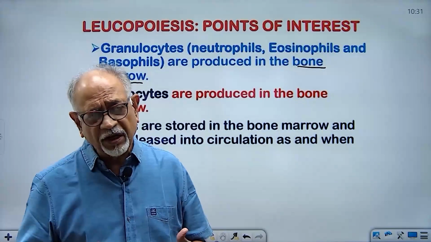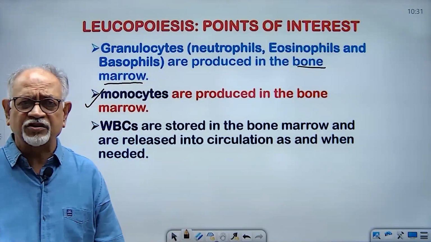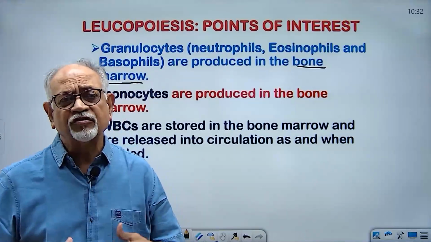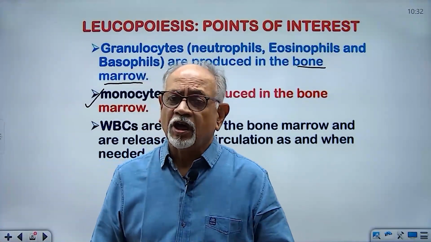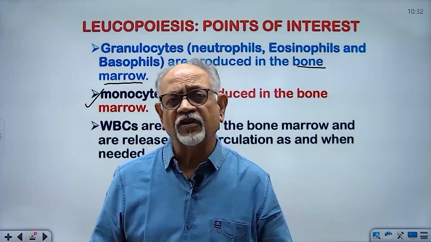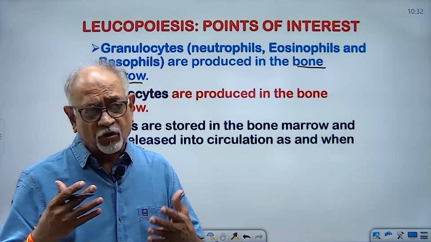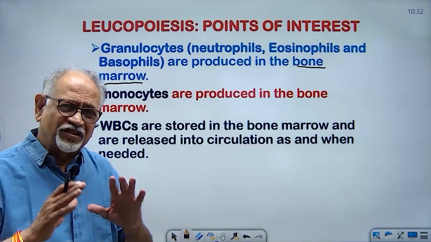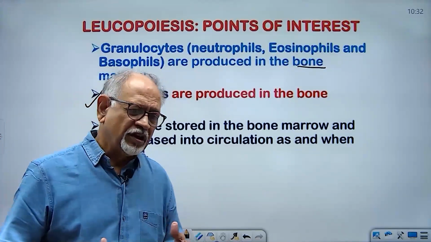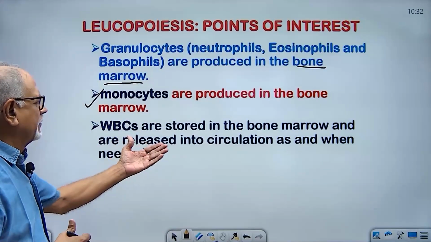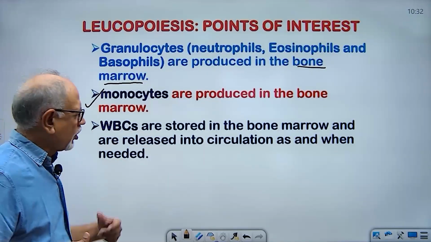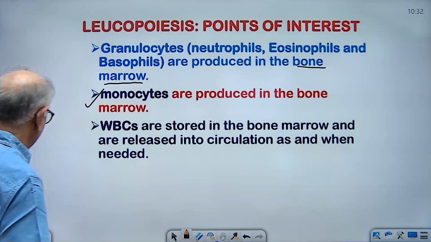Because when there is an infection of bacteria, virus or any other pathogen, even parasitic infection, the role of these leukocytes comes, and therefore when such a condition arises, a greater amount of WBCs is released from the bone marrow.